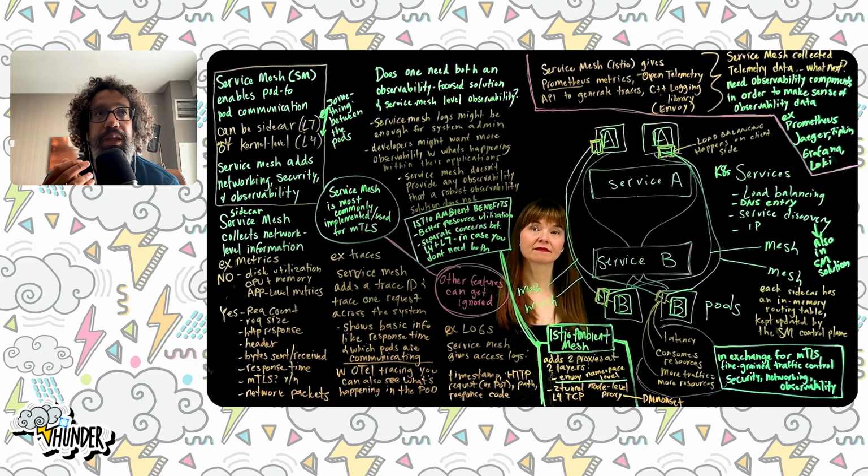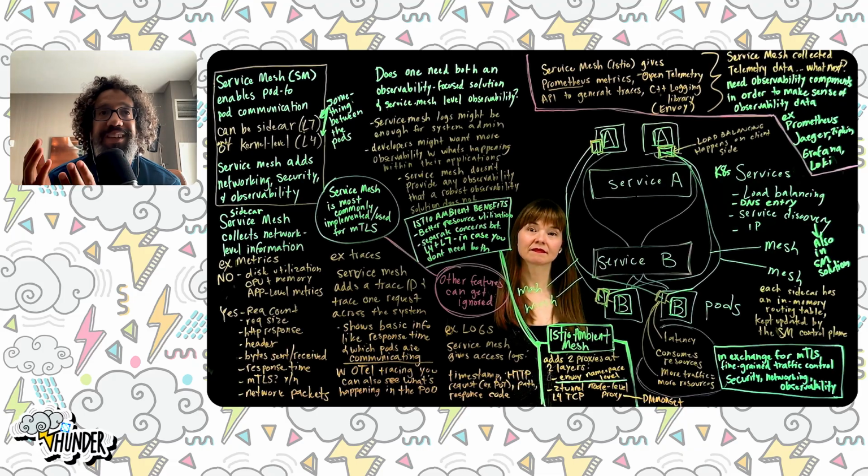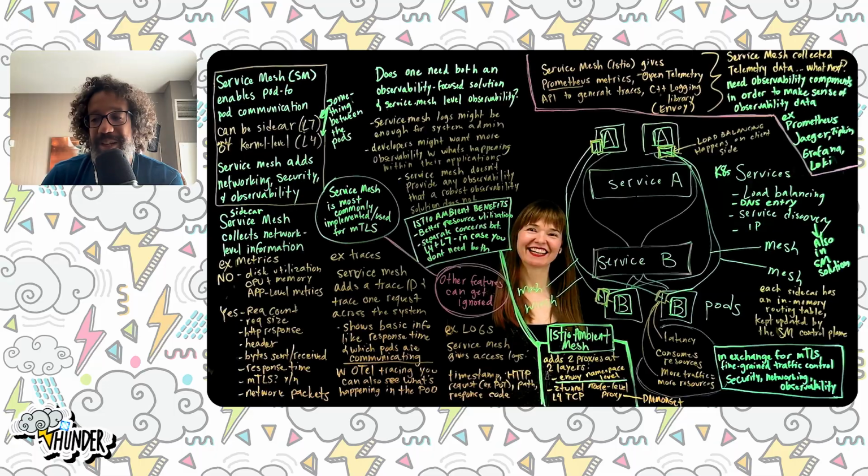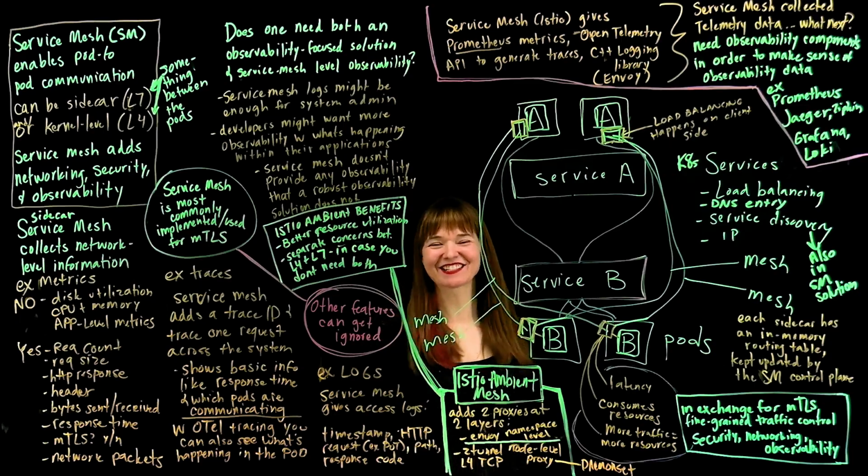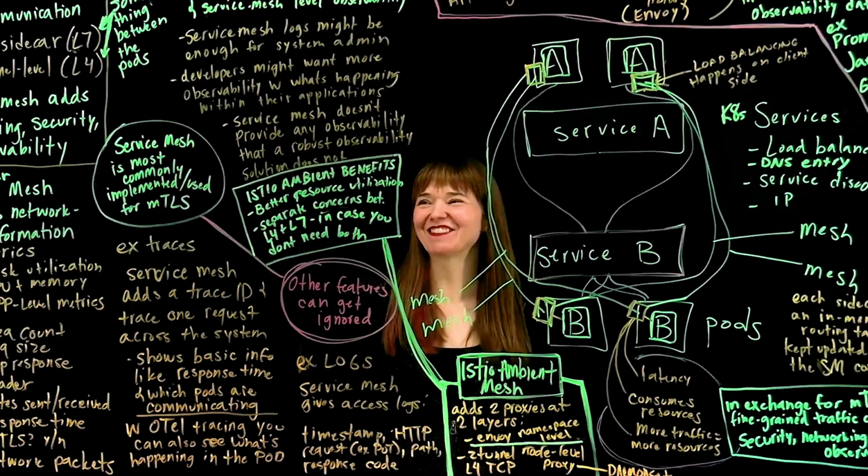If we're looking at traces, then you might need something like Zipkin or Jaeger to visualize the traces. I think the conversation that we were having is that it doesn't stop at just installing service mesh and moving on. It starts there, and then you will have to install extra things to be able to actually use the data, which is par for the course in terms of managing a system.